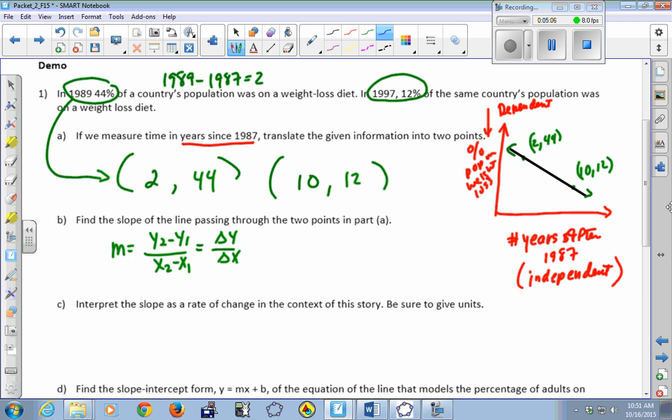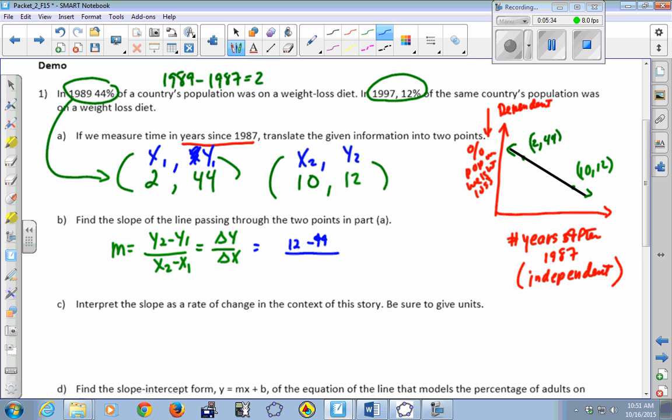It's totally up to you. I usually just start with the first point and call that x1, y1, and the second point x2, y2. So I subtract my 2 y variables. The order that you subtract doesn't matter as long as you keep their partners, the x values, in the same order in the denominator. So let's say I start with 12, and I'm going to take away 44.